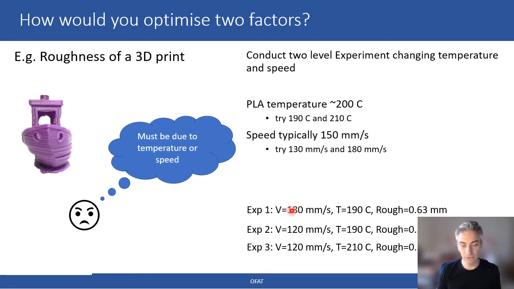However, there's something called an interaction that often happens between parameters, between factors. In this case, we have the speed factor and the temperature factor. If they interact, you might get a really interesting result. We've already concluded that this might be the best setting, but we didn't actually try a different combination, which is the high temperature and high speed.